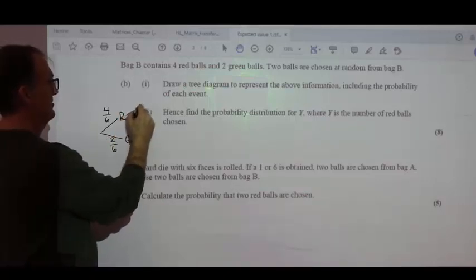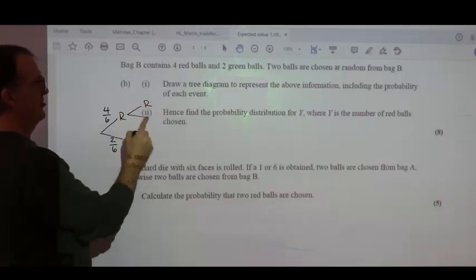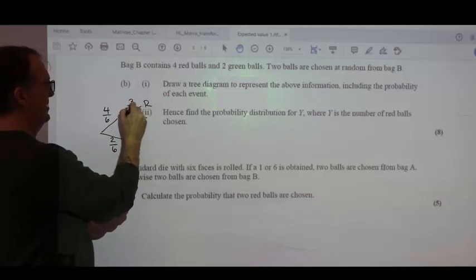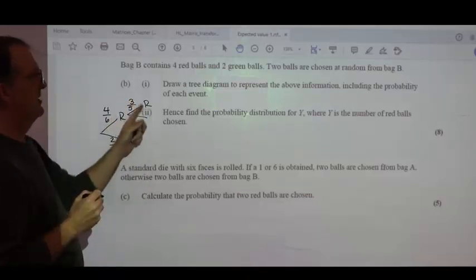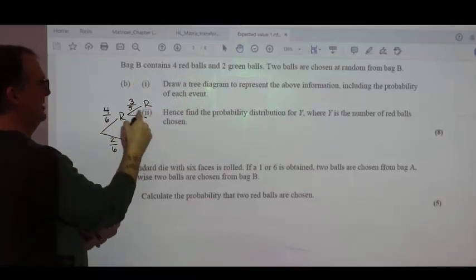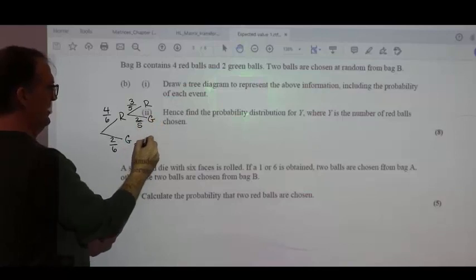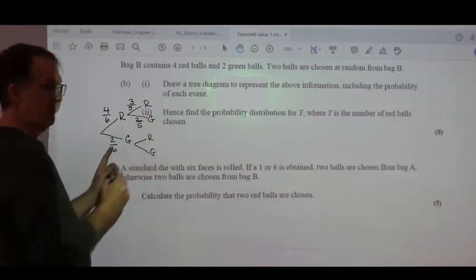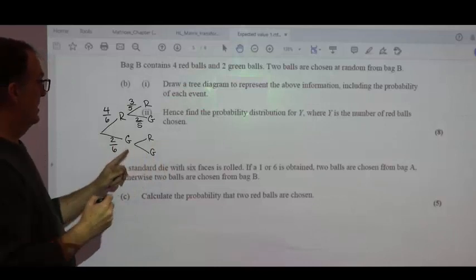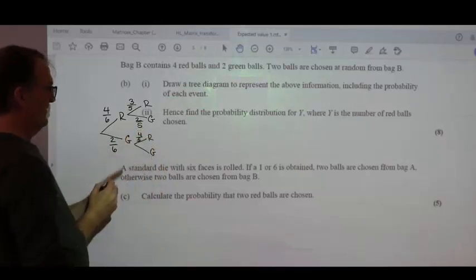If I choose red, then it being red a second time is going to be 3 out of 5, because again, we're not going to replace the ball back. And for green, there's still 2 of them in the bag out of 5. And then if I pick a green ball first, there's still 4 red left over out of 5.